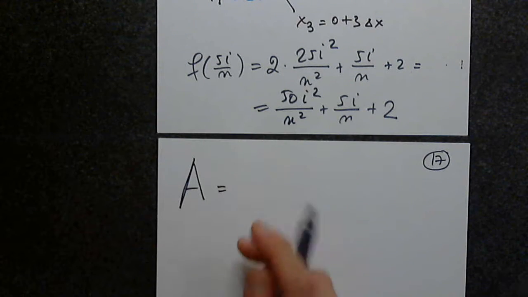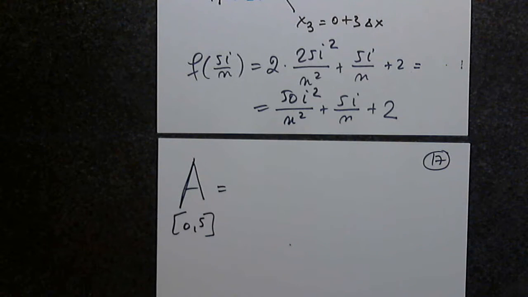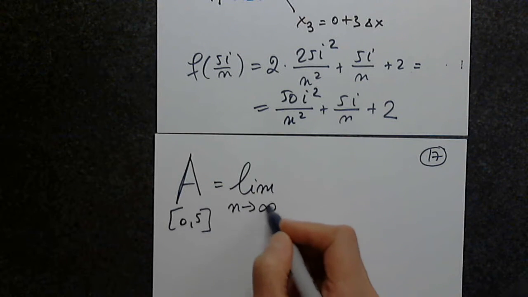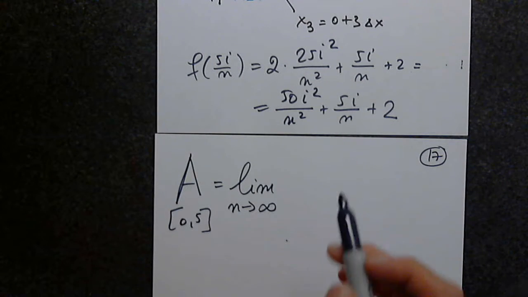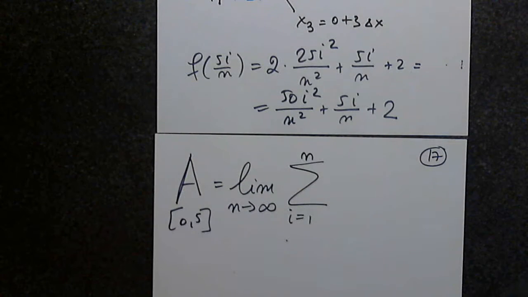The exact area of this function on 0, 5 equals the limit as n, the number of subintervals, goes to infinity, of the sum from i equals 1 to n, of what?